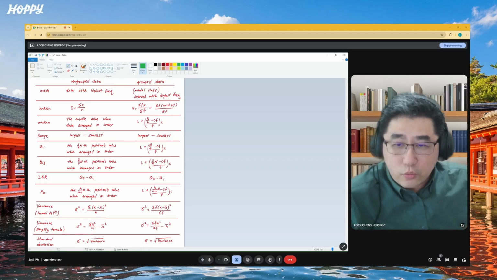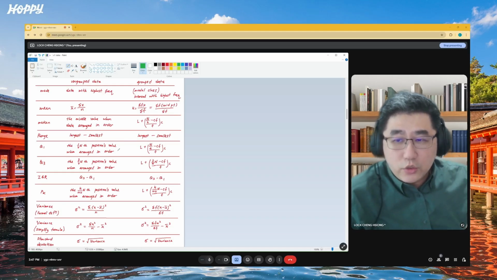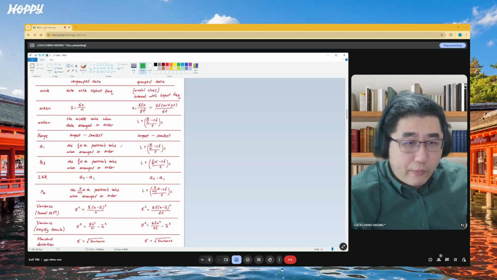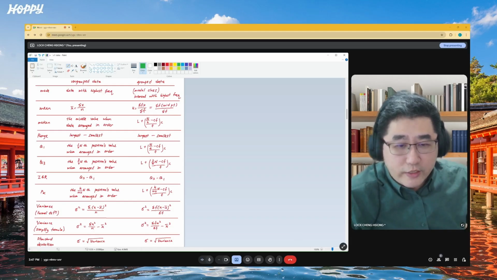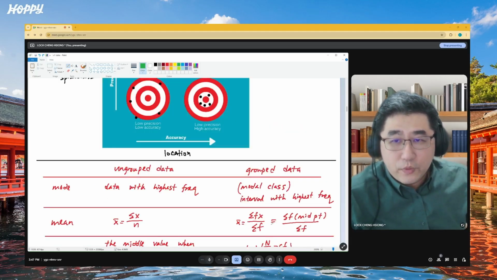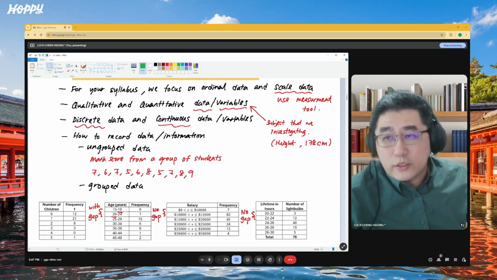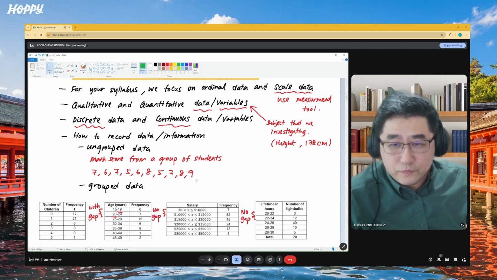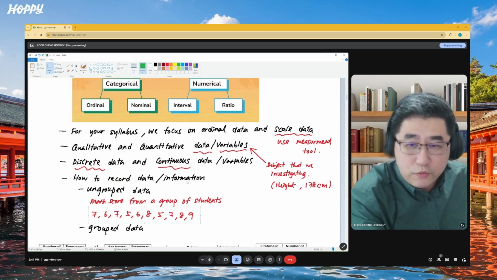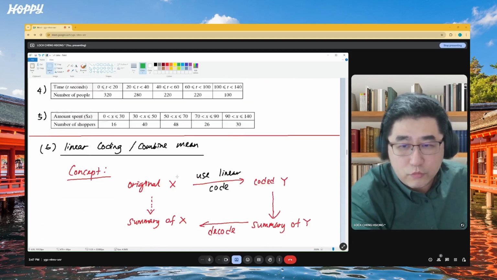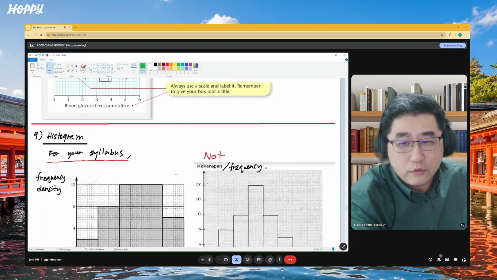So you need to know what to do. We're going to do it one by one by using the data that we have up there. Let's say I have this data here. Control C. I scroll all the way down.